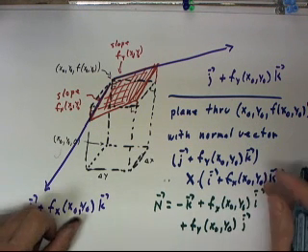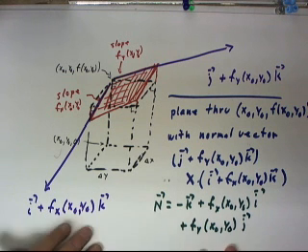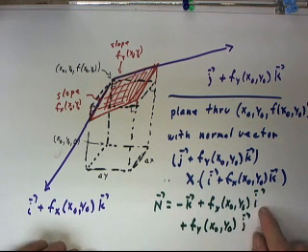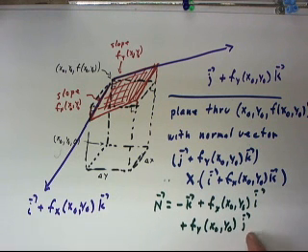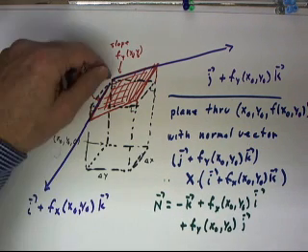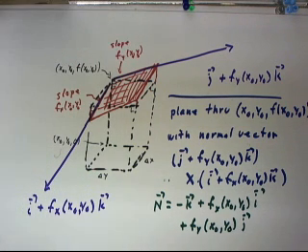This part of the cross product doesn't contribute anything. So we have a perfectly good normal vector, negative k plus fx i plus fy j, where fx and fy are both evaluated at our point x0, y0, because of course it's at that point that we calculated the instantaneous slopes.